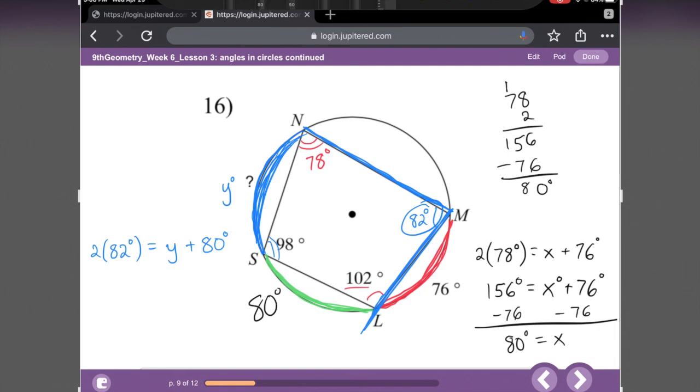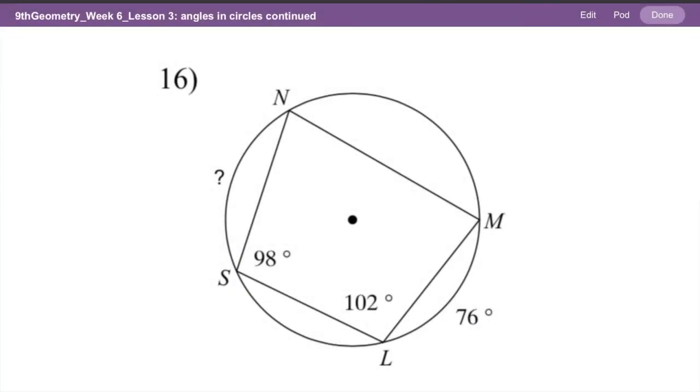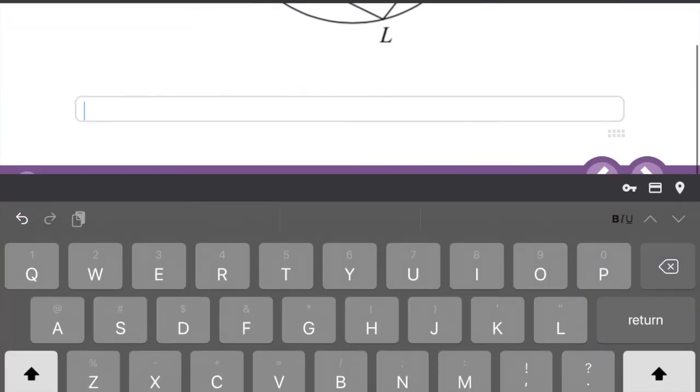Double of 82 is 164. It's equal to y plus 80. If we subtract 80 from both sides, what are we left with? y is equal to 84 degrees. That's our answer for that one. It should be 84 degrees. Let's try that. 84 degrees.